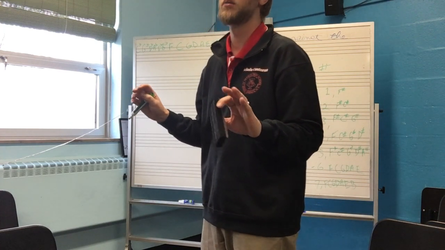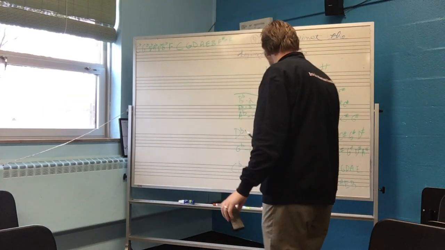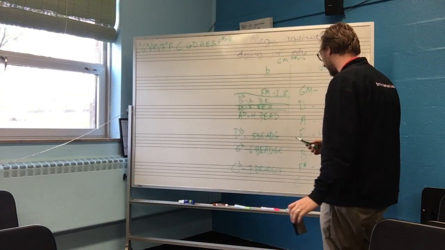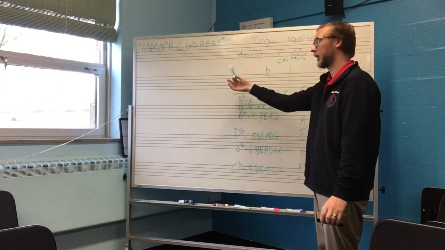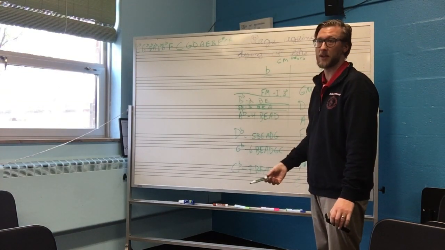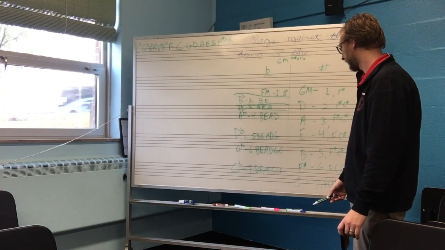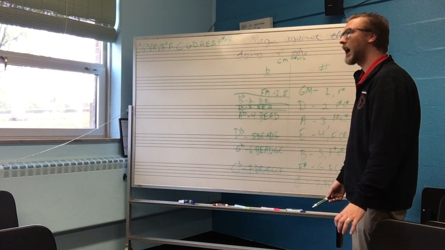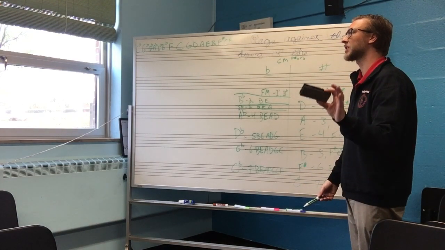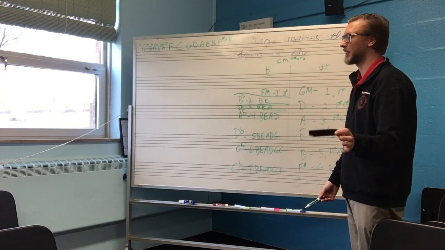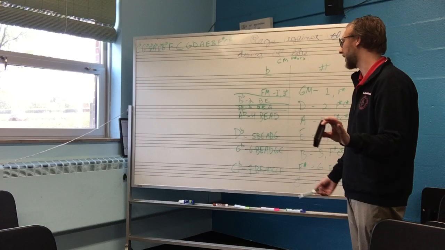I want you to notice, here's a trend in the data. Maybe I could have laid this out a little bit neater. Look at the major scale that has 7 sharps. Actually, I should say it this way: look at the major scale that has 6 flats, then look at the major scale that has 6 sharps.